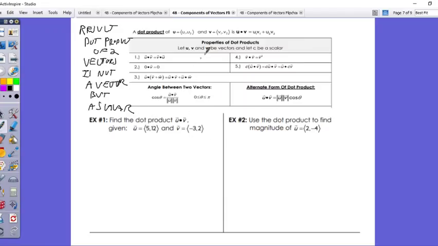So u1, u2, and v1, v2, when you multiply them, that's going to be u1 v1 plus u2 v2.